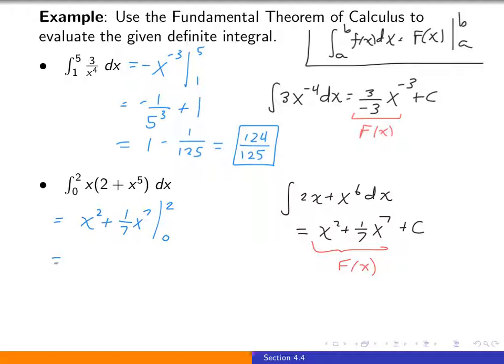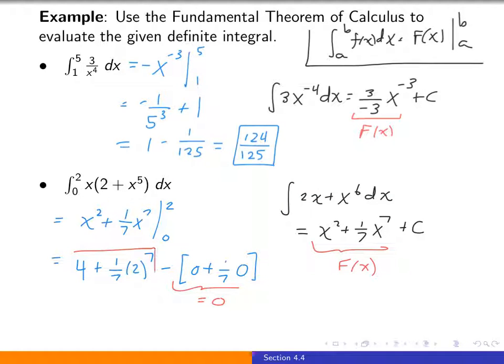And remember, this is just a fancy way of saying we plug in 2. So in this case, that'd be 4 plus 1/7 times 2 to the 7th. We put a minus sign and we plug in 0. So 0 plus 1/7 times 0. So when we plug in 0, we get back 0.